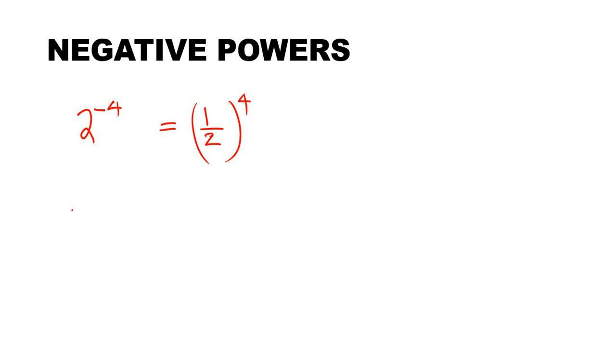So if I have 3 raised to power minus 5, this will be 1 over 3 raised to power 5. Is that clear? So you take the reciprocal of the base, and then the power becomes positive. Is that clear? So go to next.